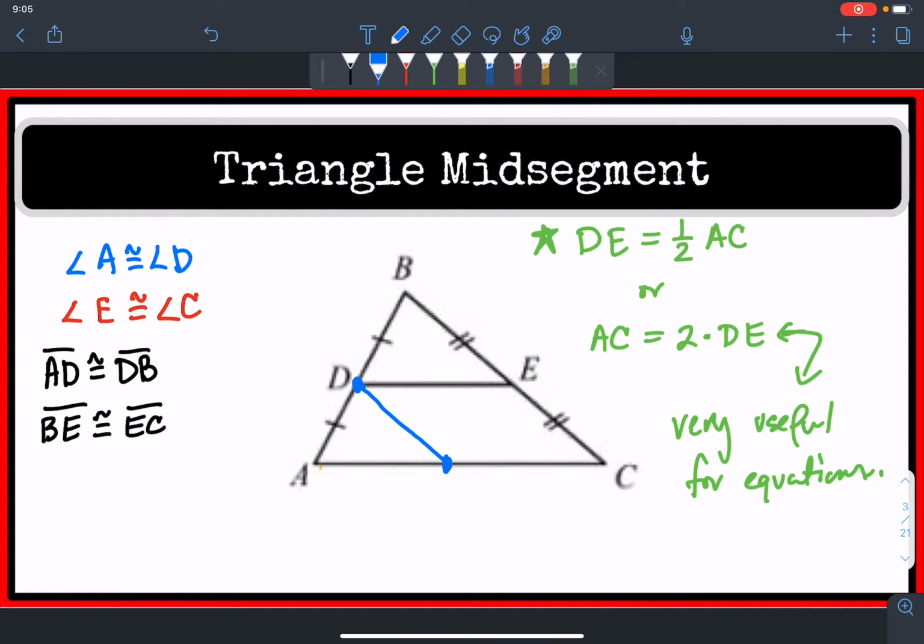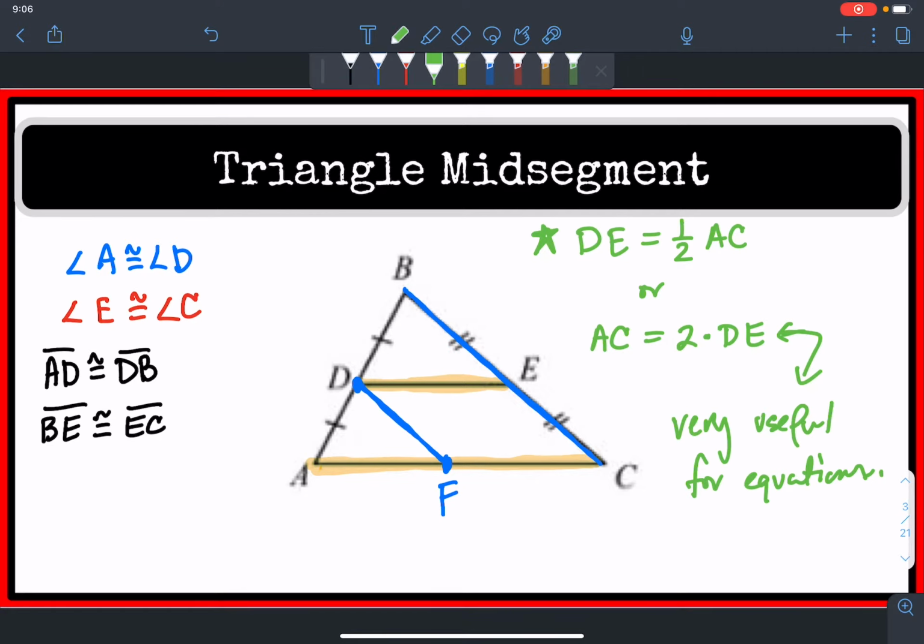Well, this line here is going to be parallel to this line there. So the same fact about DE and AC is now going to be true about this blue diagonal line and this blue diagonal line. The distance from here to here, let's call that point F, the distance from D to F is going to equal half of the distance from B to C. So it's the same fact.